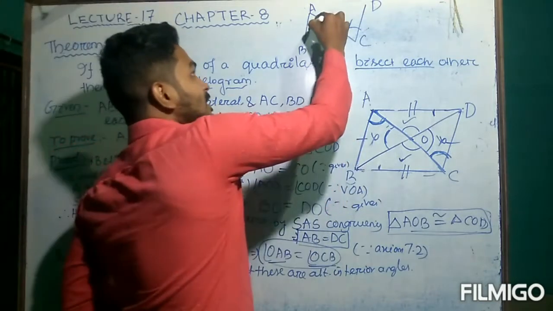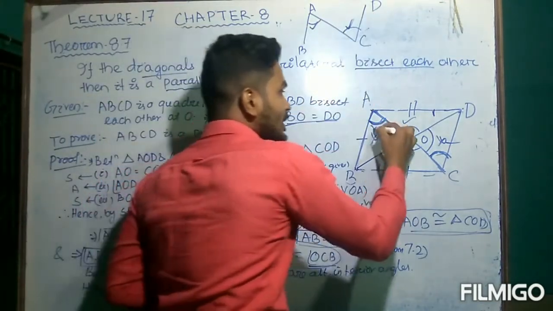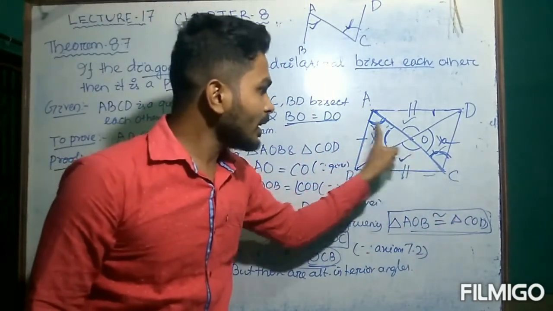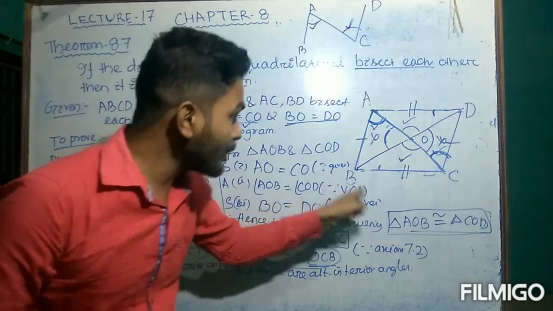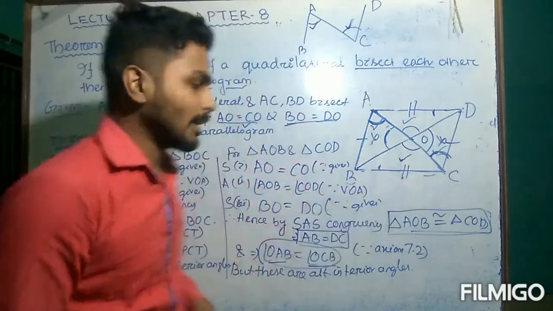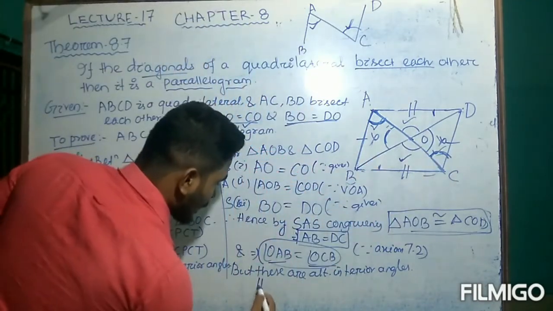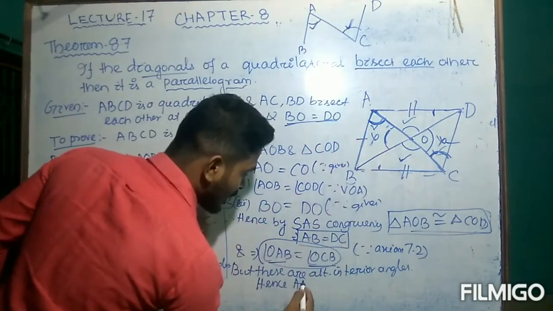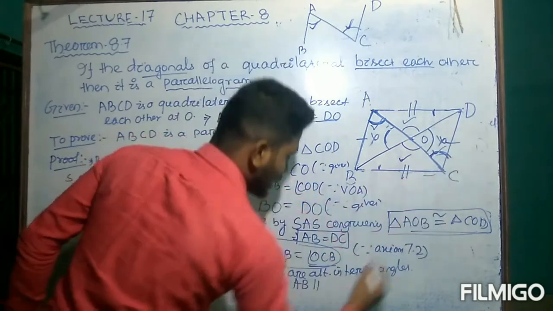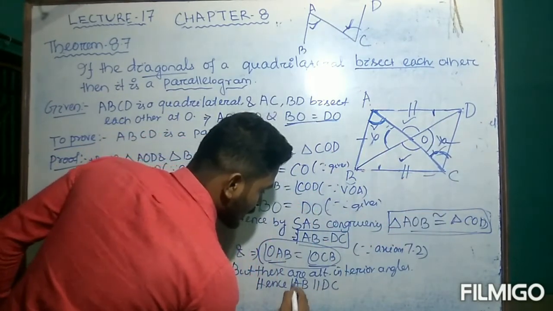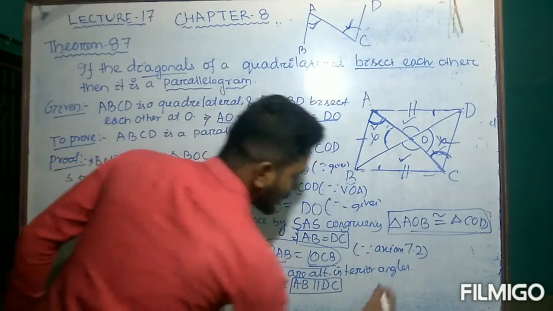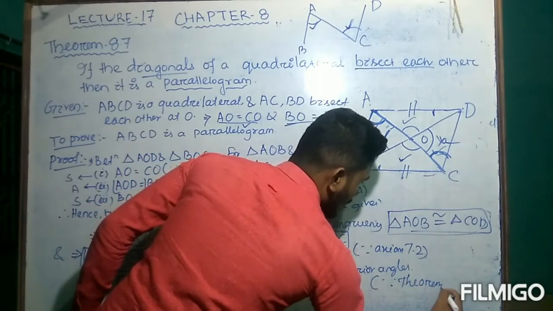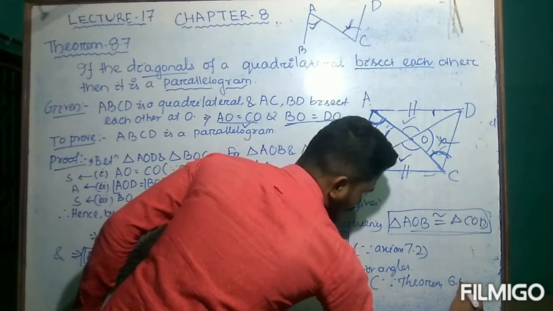Since these two angles are equal, they are alternate interior angles. That is why line AB and line DC are parallel. So you can write, hence AB is parallel to DC. You can write the name of the theorem, theorem 6.4.